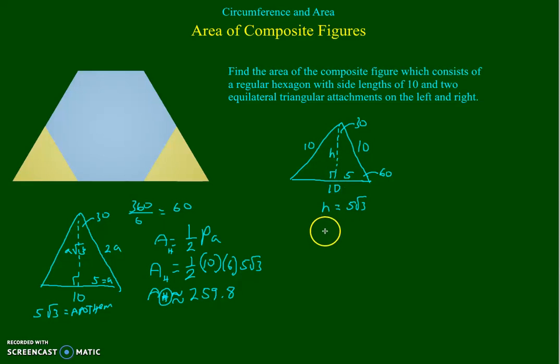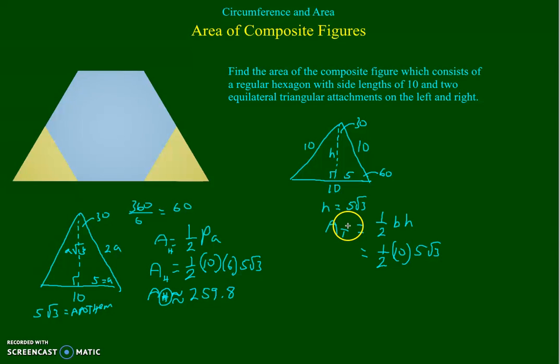Now the area of this triangle, we'll call that AT, area of triangle, is 1/2 base times height, which is 1/2 times 10 times 5 square roots of 3. That gives us the area of the triangle, and our composite area is going to be made up of all these.